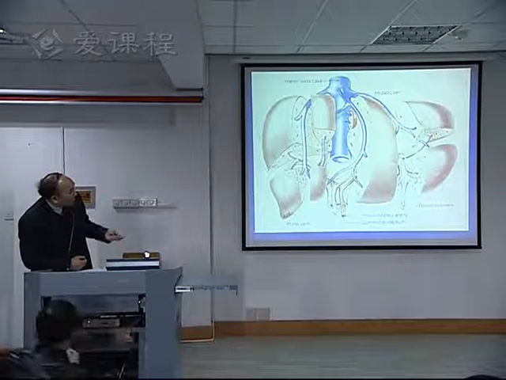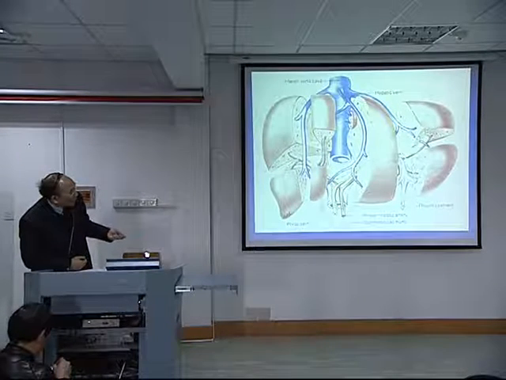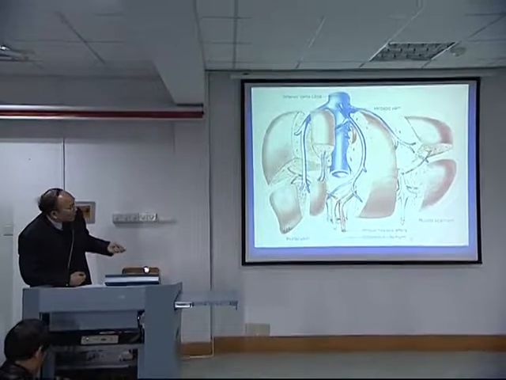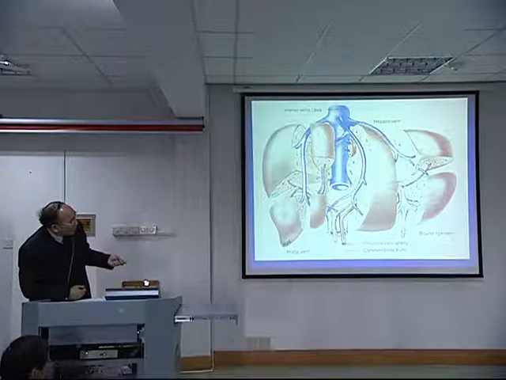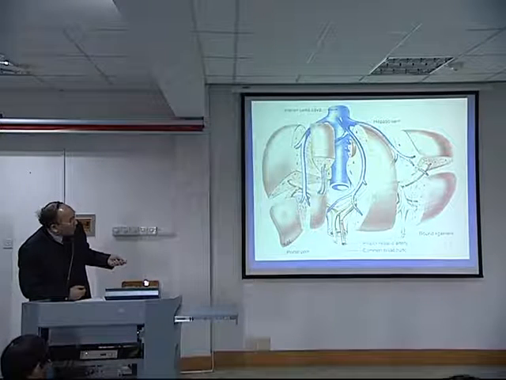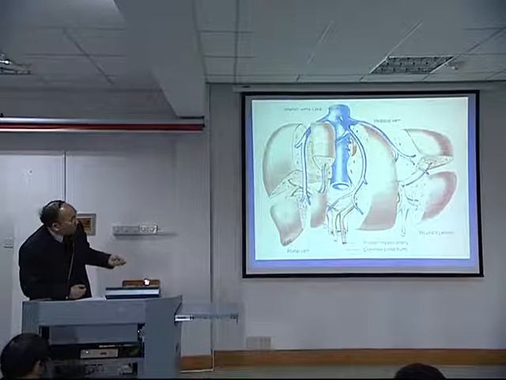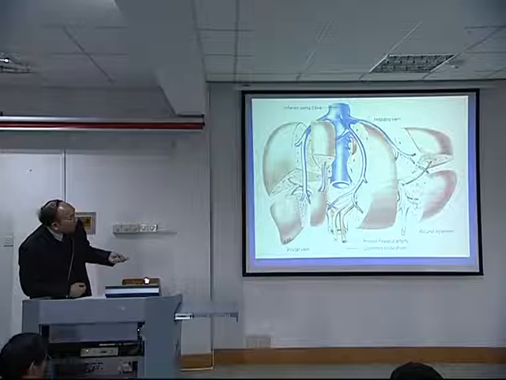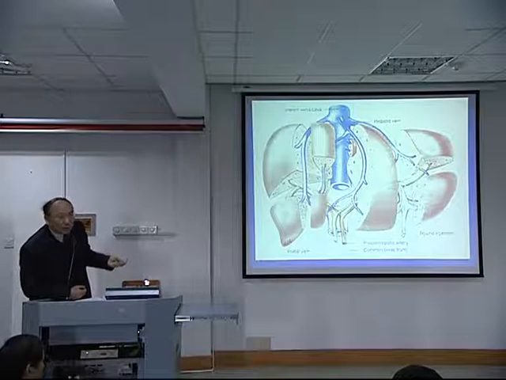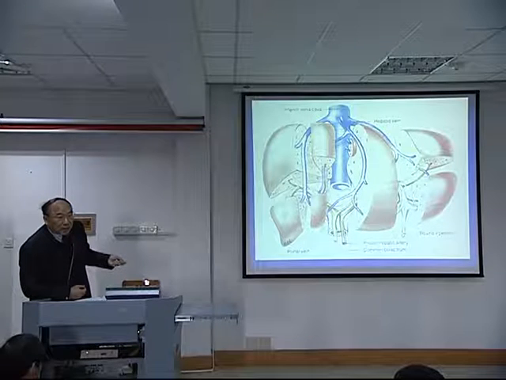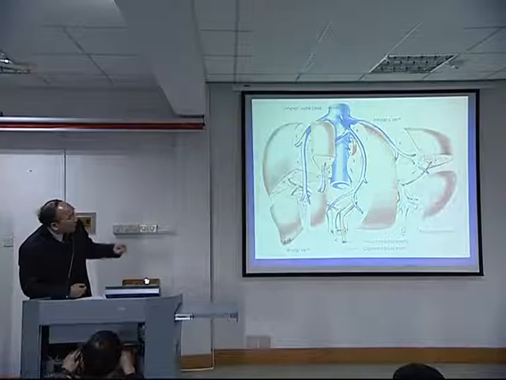Here shows the inflow, first the hepatic hilum, including the proper hepatic artery, portal vein, and biliary duct. Usually the liver has a double blood supply, the hepatic artery and portal vein. Then the blood outflow is here.